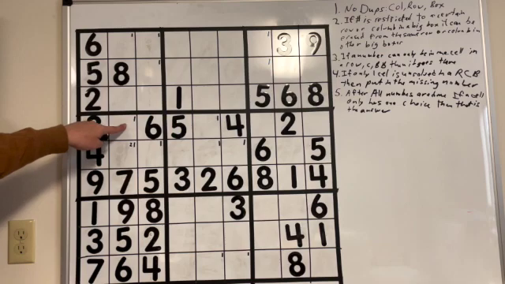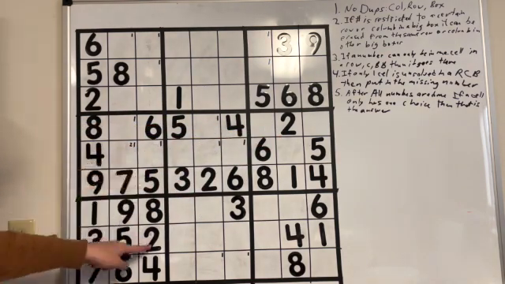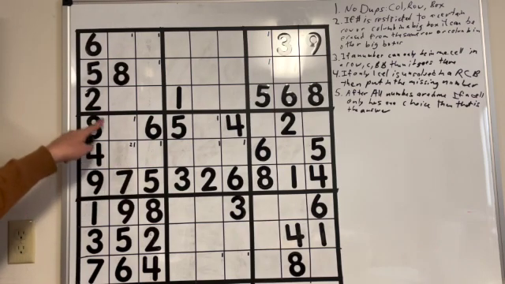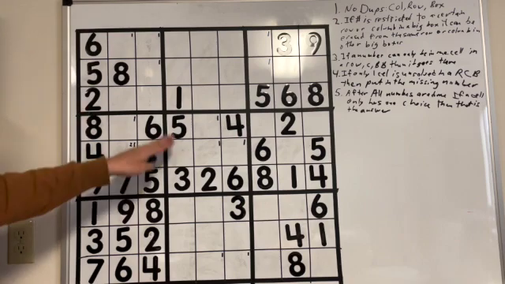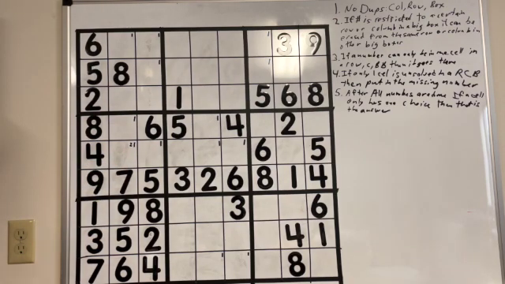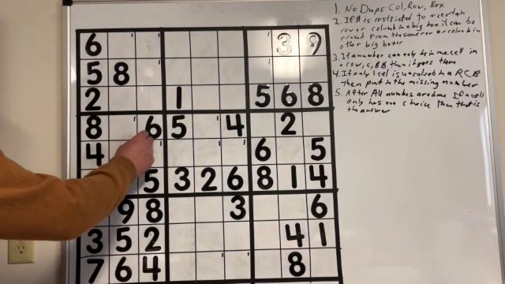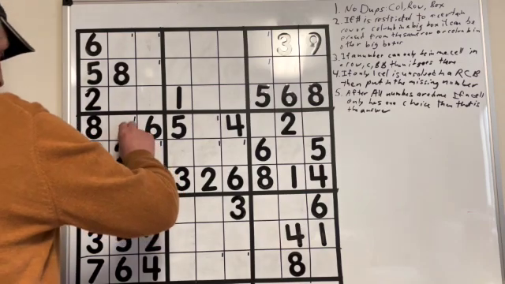It can't go here because of this 2. It can't go here because of this 2. And it can't go anywhere else because they're already solved. Therefore, in this big box, this is the only place 2 can go. So that's where it goes. I'm going to erase this. This one is crumbling quickly.